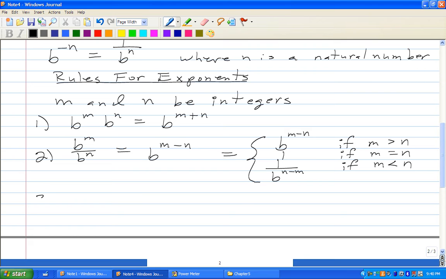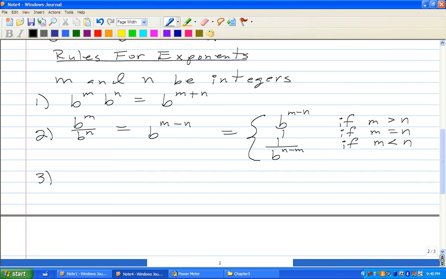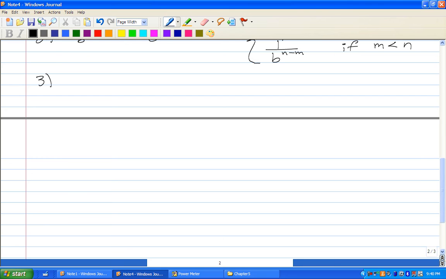Property 3. b to the power m, to the power n. So if you have a base, you raise it to an exponent, and then you raise that to another exponent, then you just multiply exponents. And so this is just b to the power m times n.